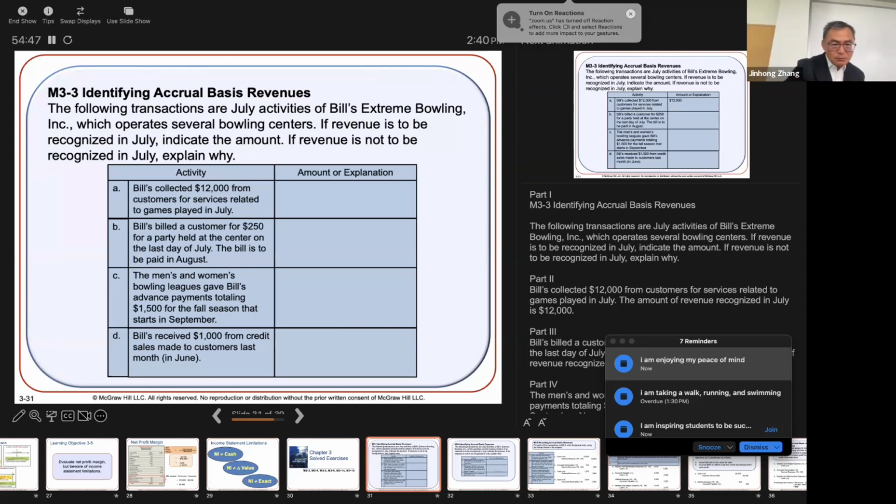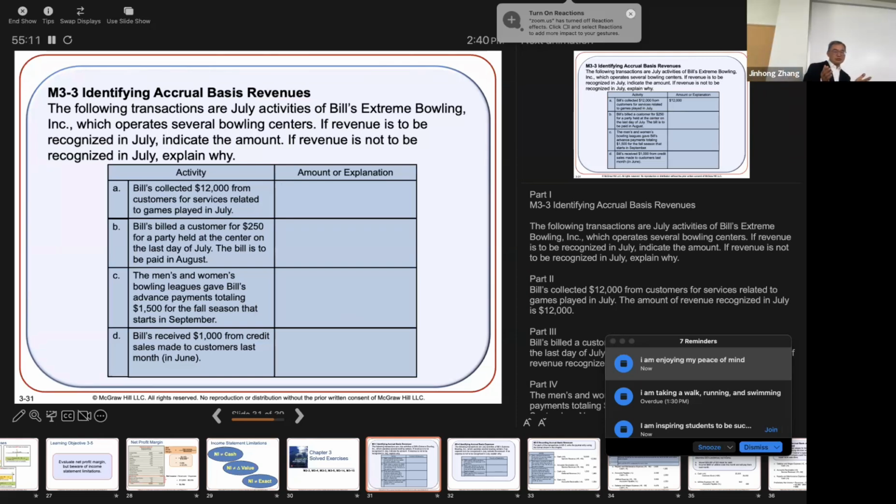Okay, the men's and women's bowling leagues give Bill's advance payment totaling $1,500 for the fall season that starts in September. So that's money received, but the service hasn't been delivered, right? So you increase cash $1,500, and then you increase what?